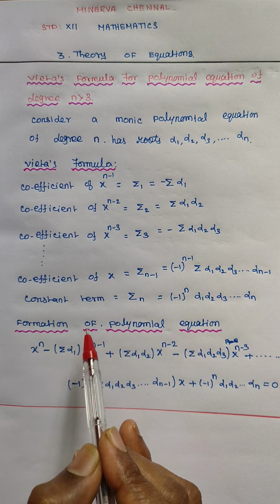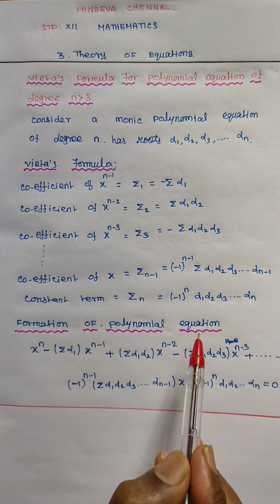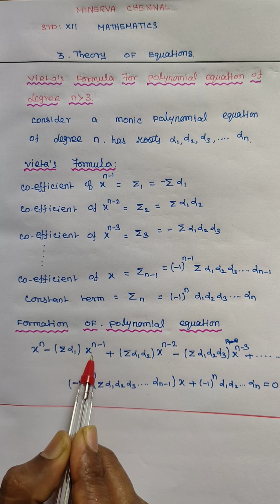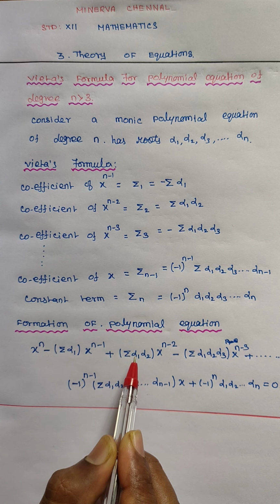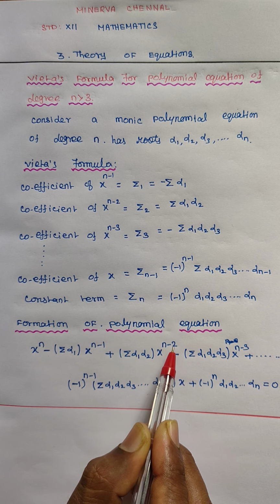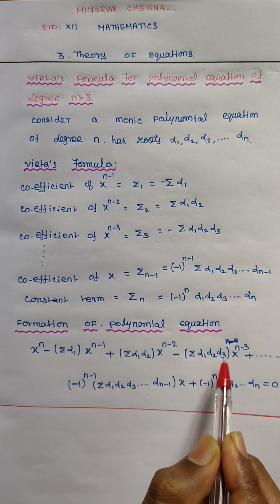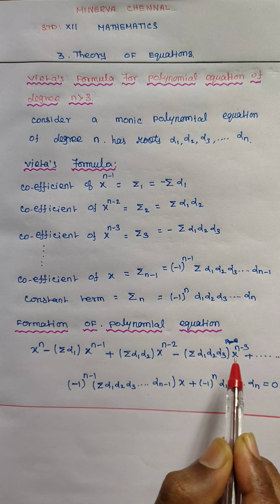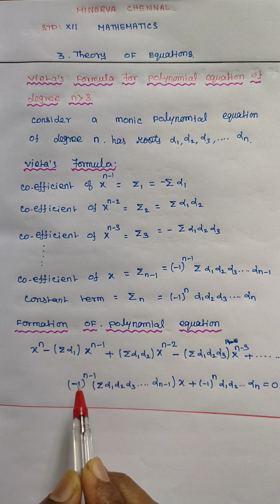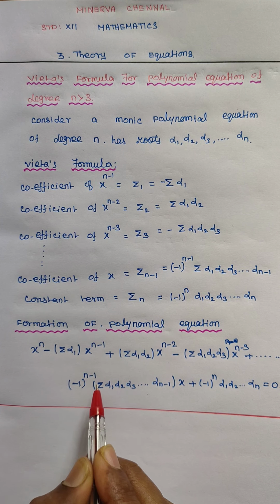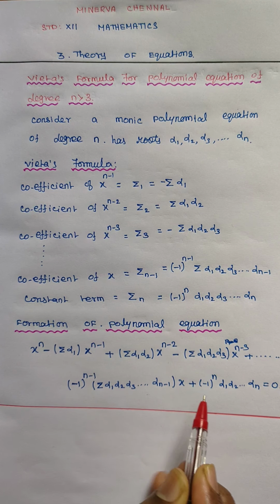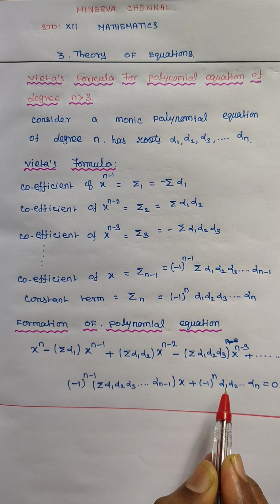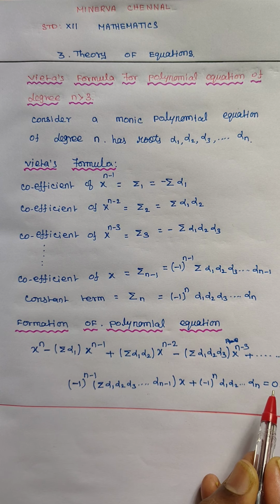Next, formation of polynomial equation. It is x power n minus sum of all the roots into x power n minus 1 plus sum of product of all the roots taken 2 at a time into x power n minus 2 minus sum of product of all the roots taken 3 at a time into x power n minus 3 plus and so on, minus 1 whole power n minus 1 into summation of alpha 1 into alpha 2 and so on up to alpha n minus 1 into x, plus minus 1 whole power n into alpha 1 into alpha 2 and so on up to alpha n, equal to 0.